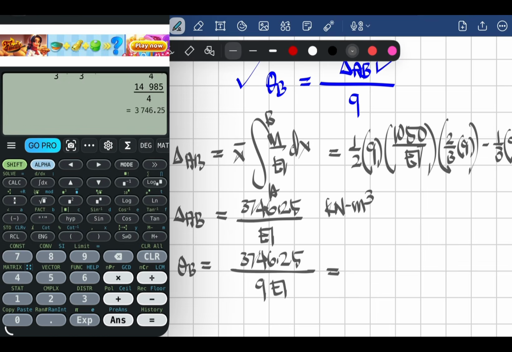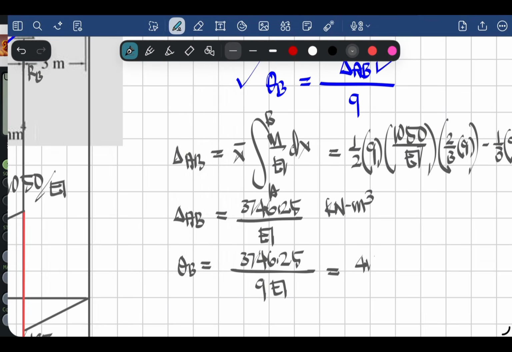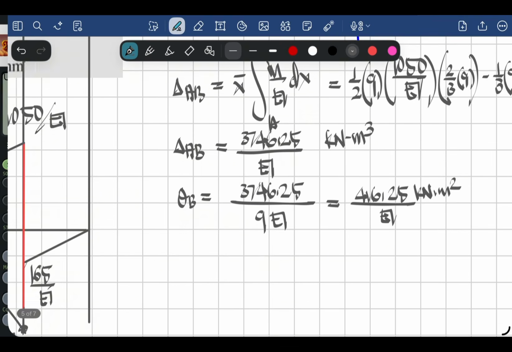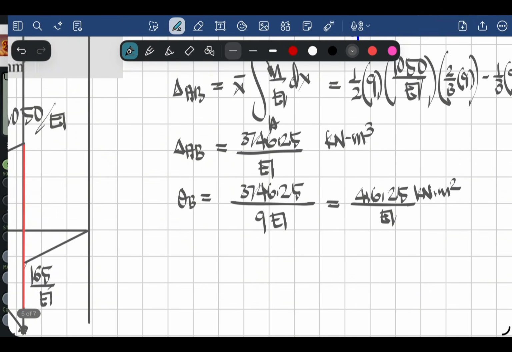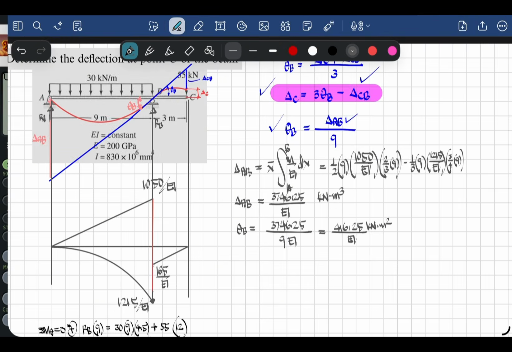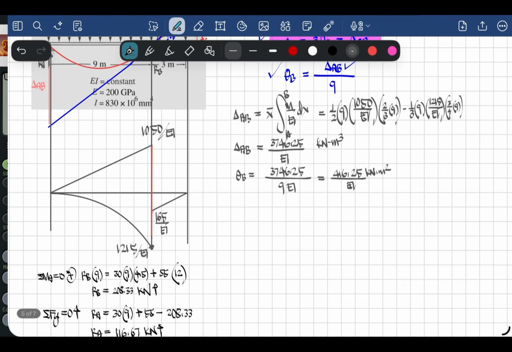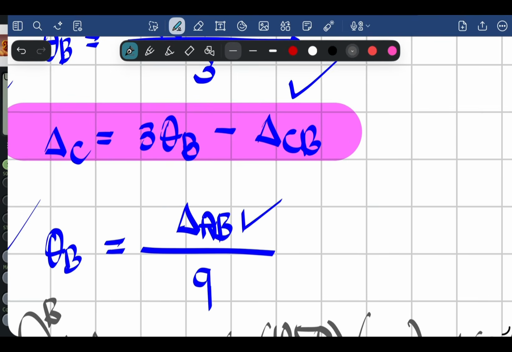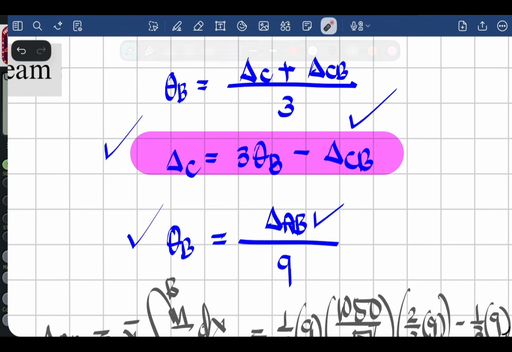Divided by 9, that is 416.25 over EI, kilonewton meter squared. So that is theta B. We will substitute this later in our equation for delta C. But before that, let's solve for delta CB.